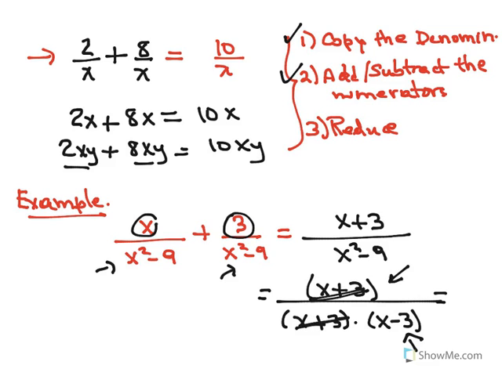It can be cancelled. So at the top I get 1, at the bottom I get x minus 3. So I copied the denominator, added the numerators, and reduced. Okay? So this is a typical example of how to add two rational expressions that have the same denominator.